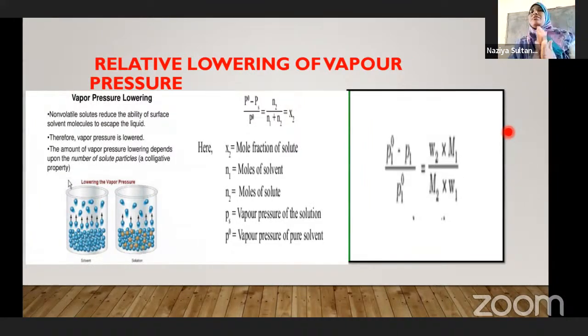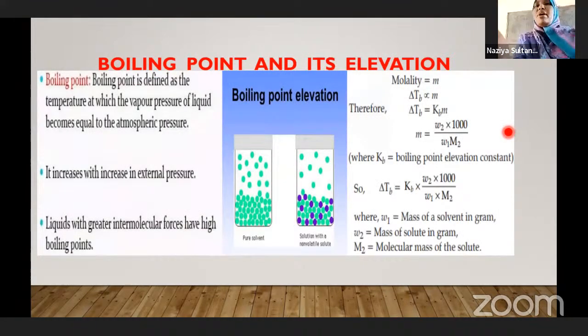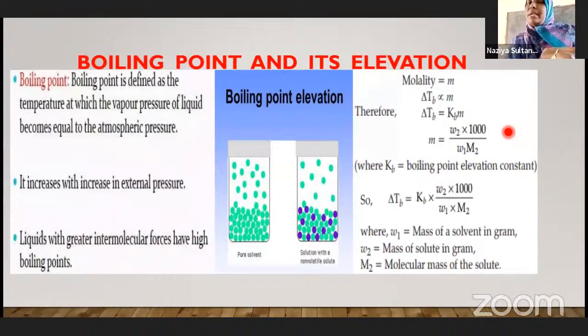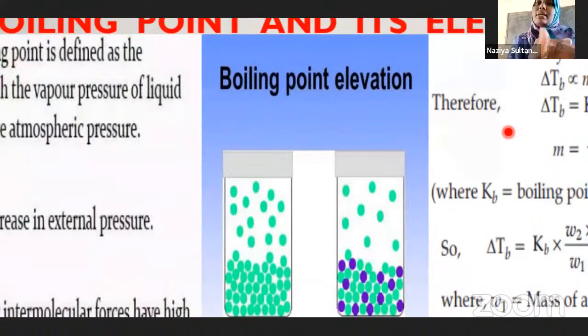Next, coming to the boiling point and its elevation. The boiling point of the pure solvent is lesser when compared to the boiling point of the solution. Suppose you are taking water and salt water. Salt water would have a higher boiling point. So the boiling point has been increased, and that is elevation in boiling point.